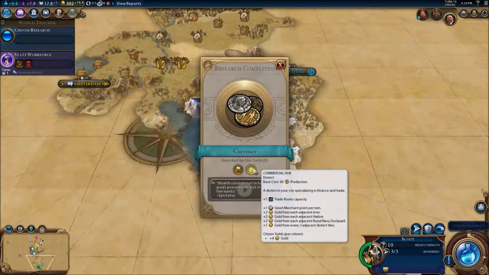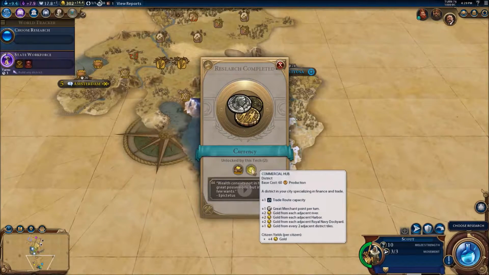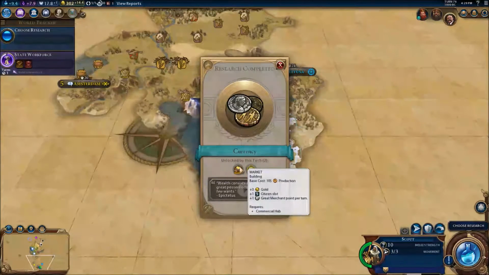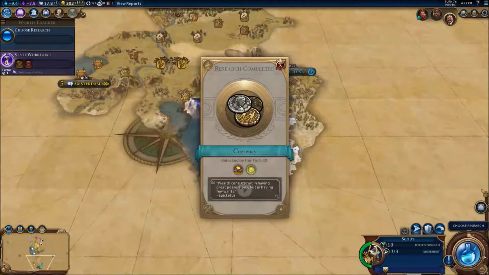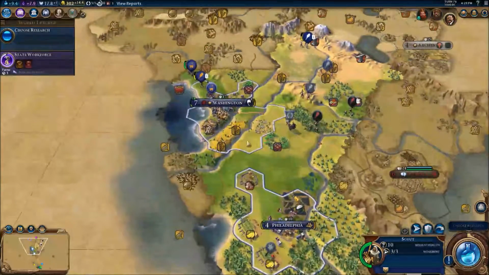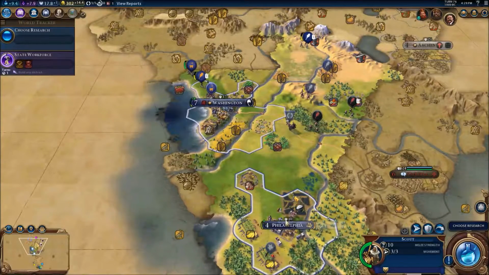Okay, so we could have a commercial hub here, which gives us an extra trade route. It also allows us to build markets, which give us gold citizen slots and merchant points. So that might be something to think about, turning one of our cities into a merchant district.